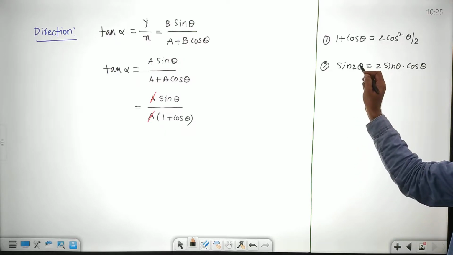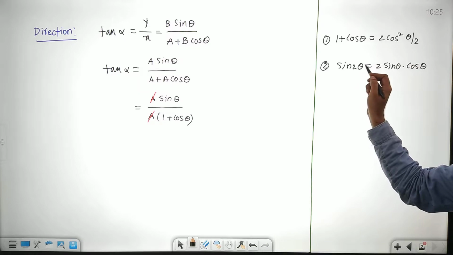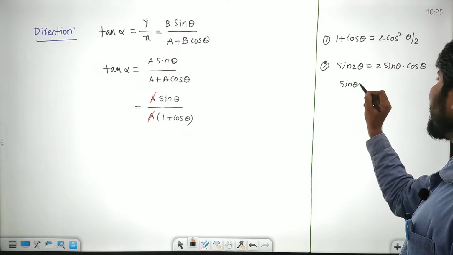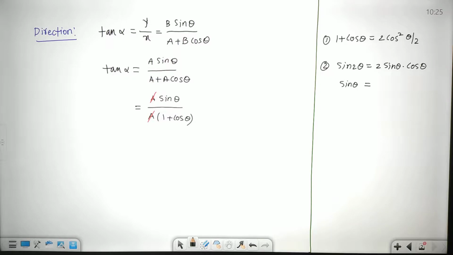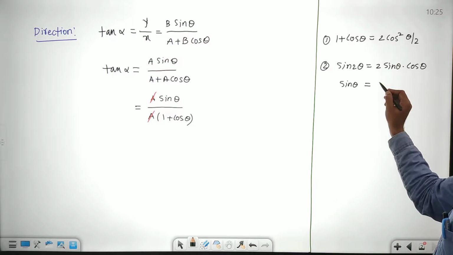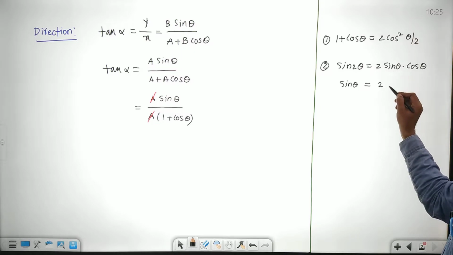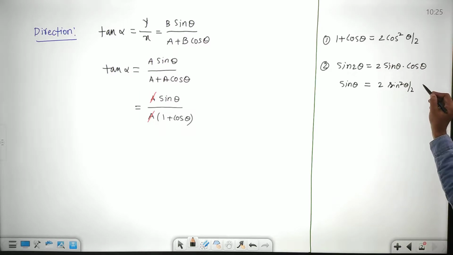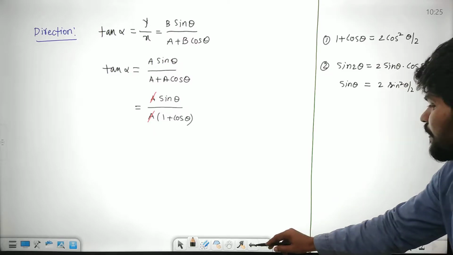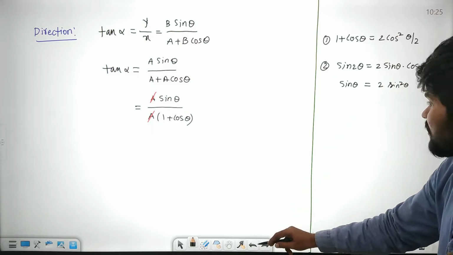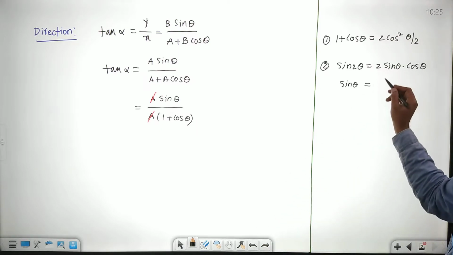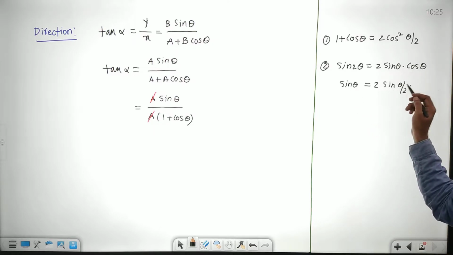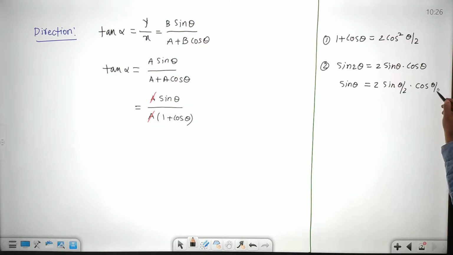If I remove this 2, be careful, be concentrated, I can write sin theta as 2 sin theta by 2 cos theta by 2.